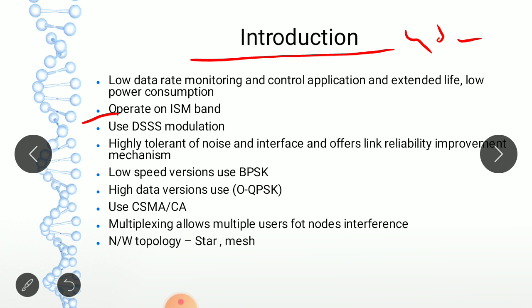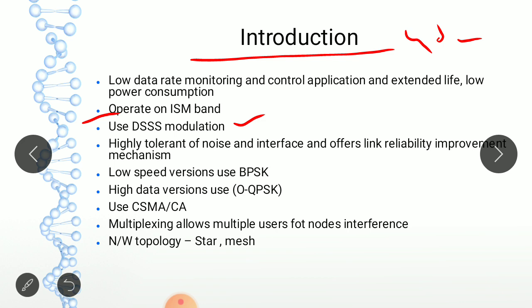Then for modulation we use DSSS. DSSS stands for direct sequence spread spectrum. One of its main features is that it reduces the overall noise in the signal spectrum.